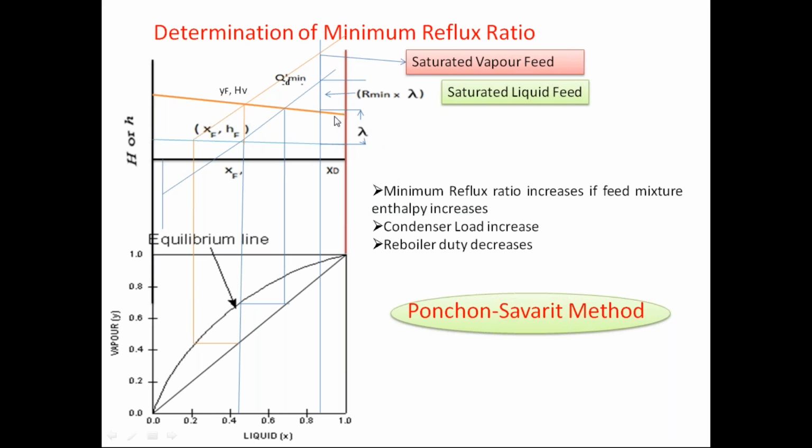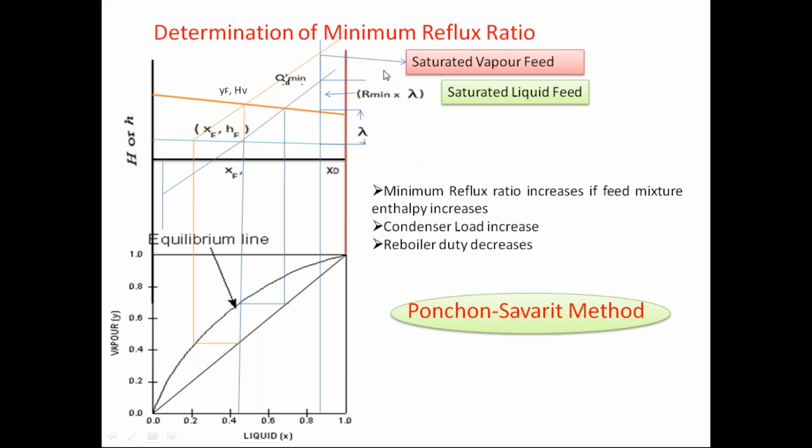When the lambda value is decreasing, R minimum by lambda value will also decrease. So R minimum will be decreasing when the XD value is increasing. Similarly, if you go this side, then the lambda value increases, so you can say that R minimum increases. So it does depend on the product purity also.